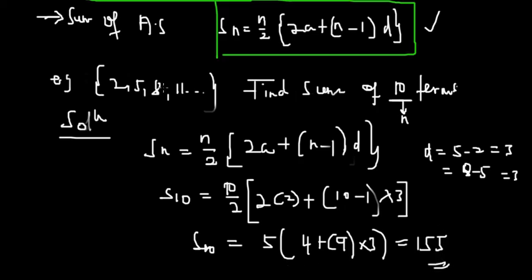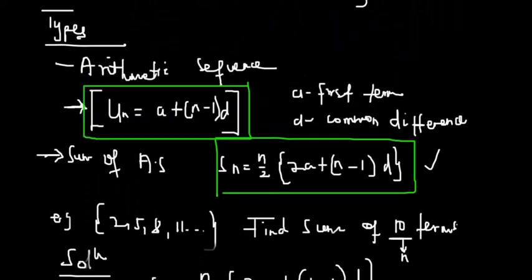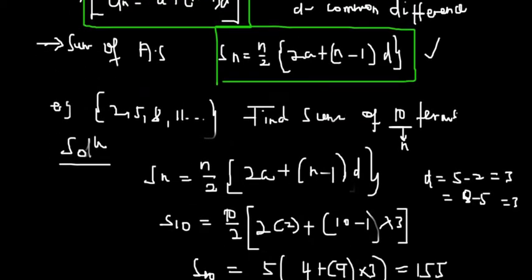It means that when you sum 2, 5, 8, 11, 14, 17 and so on, in that order, up to the 10th term, you end up with 155. This is what we refer to as the arithmetic sequence.